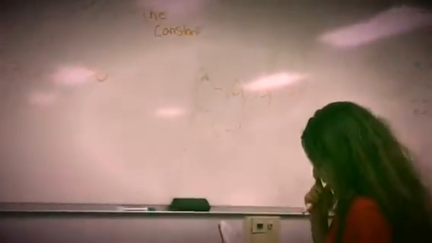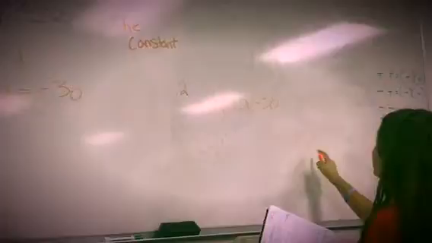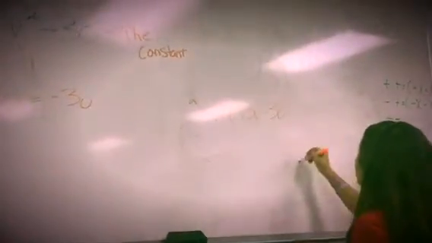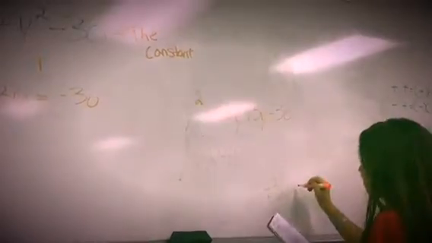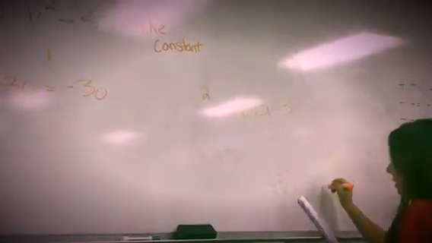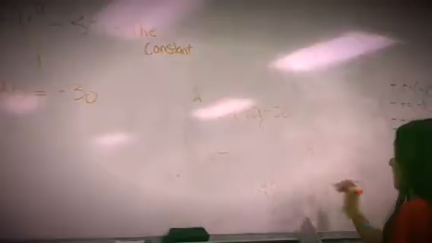If we use one of these y minus 10, we'll just cross them out, so it would be y plus 3 parentheses times y minus 10, and that's our answer.